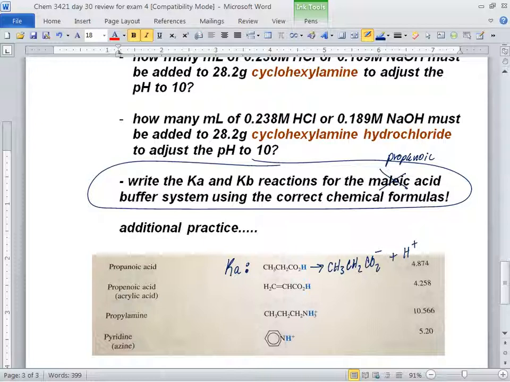So your Ka reaction would look something like this, hopefully. And your Kb reaction should be this guy, right? This compound plus H2O gives propanoic acid plus hydroxide. That would be your Kb reaction.